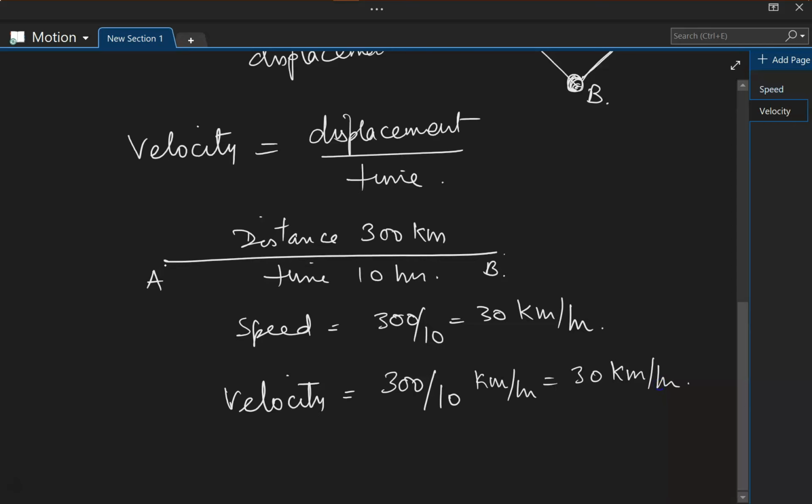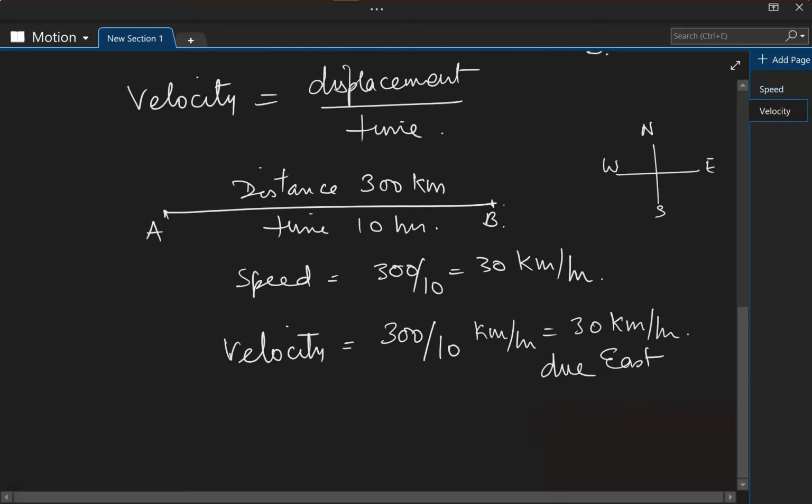But remember, we also have to mention the direction. So if he has gone from A to B, we have to say in the direction A to B, or generally speaking, we might talk in terms of north, south, east, west. So east, or we say due east.